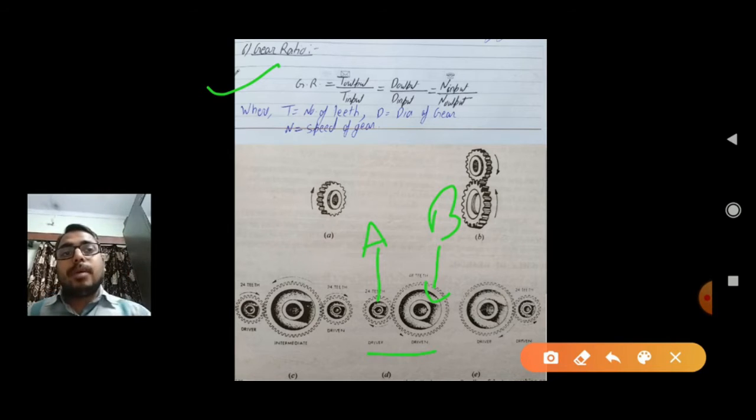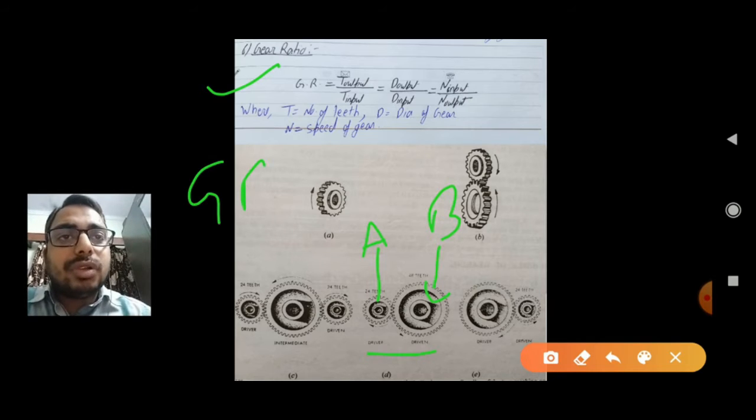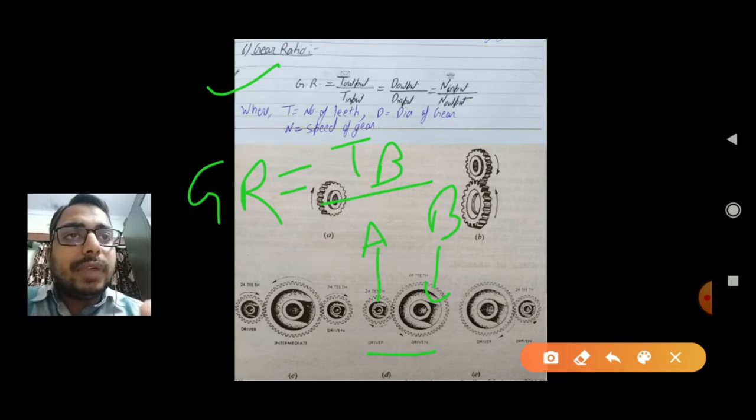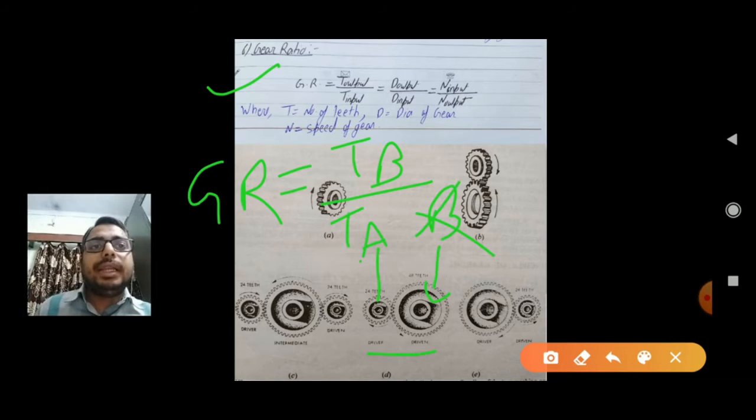If you talk about the gear ratio, then the gear ratio GR is equal to TB divided by TA, which means the number of teeth in the driven gear divided by the number of teeth in the driver gear.